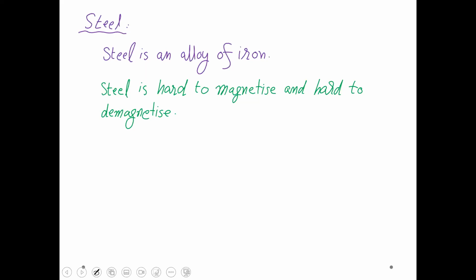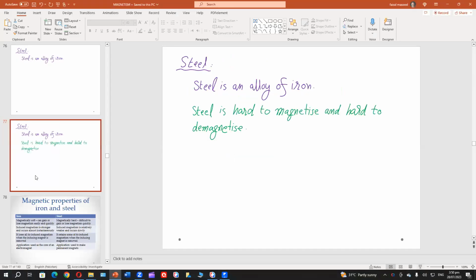You have to copy this screen also. So you can compare now that there are two types of materials, iron and steel.